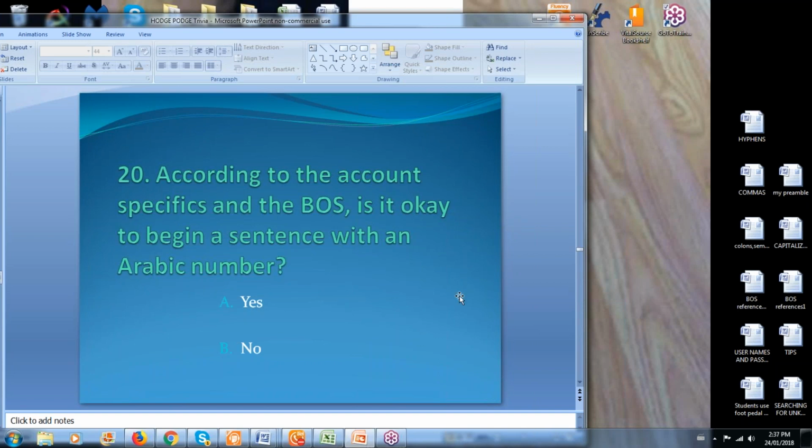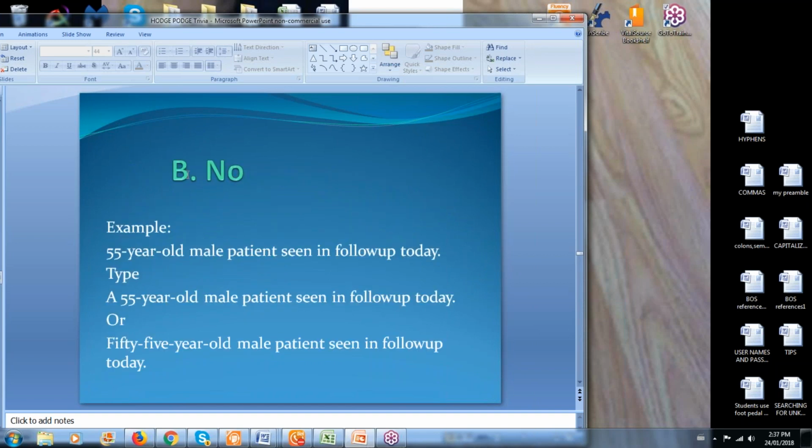Either yes or no. The answer is no. No, no, no. Example: 55-year-old male patient seen in follow-up today. You would type a 55-year-old male patient seen in follow-up today, or you can spell out 55-year-old.